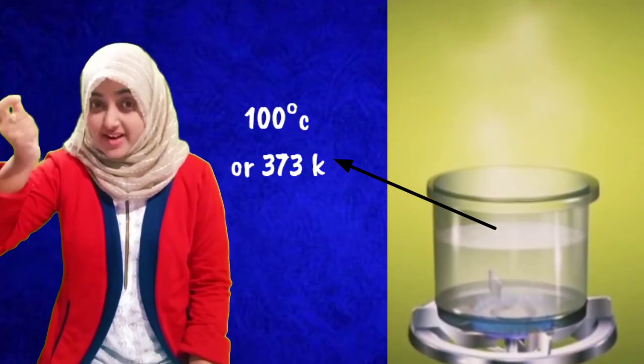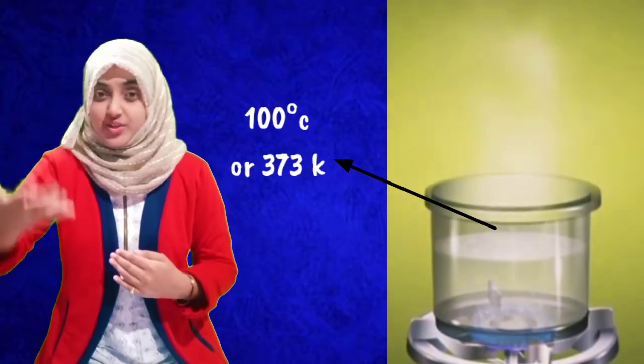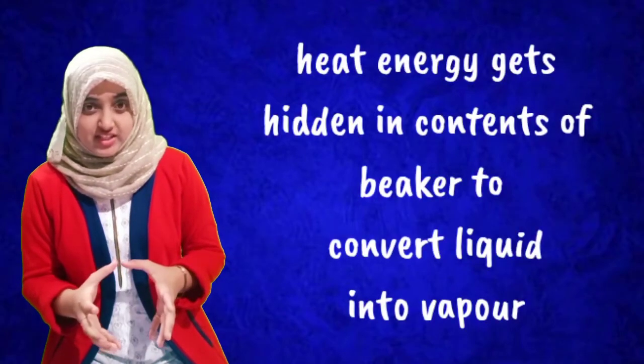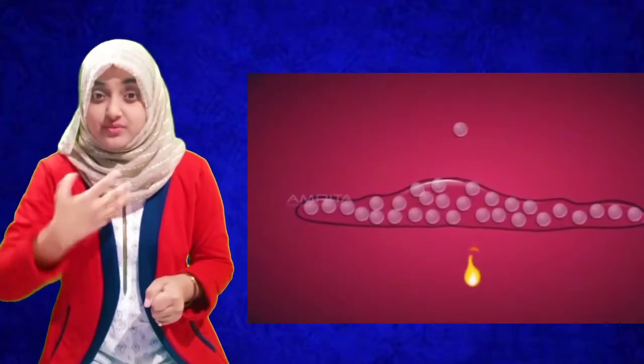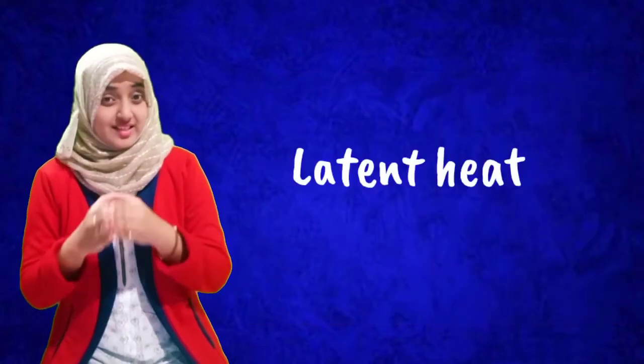It did not rise until all the liquid in the beaker got converted to vapor, in spite of continuously heating it. So that heat energy gets hidden in the contents of the beaker to convert it into vapor. So it is called the latent heat.